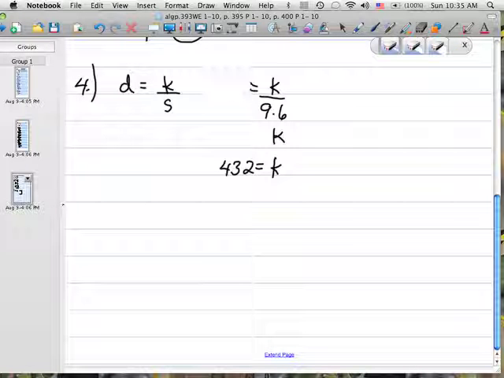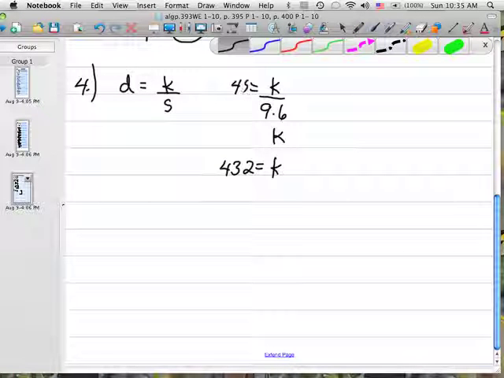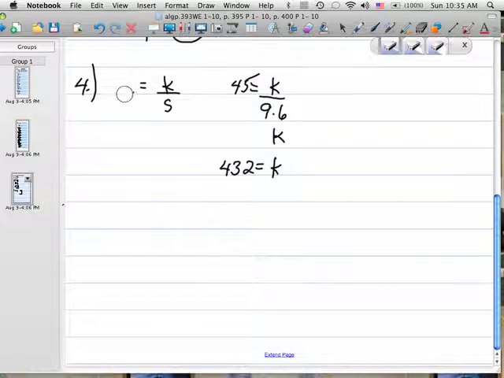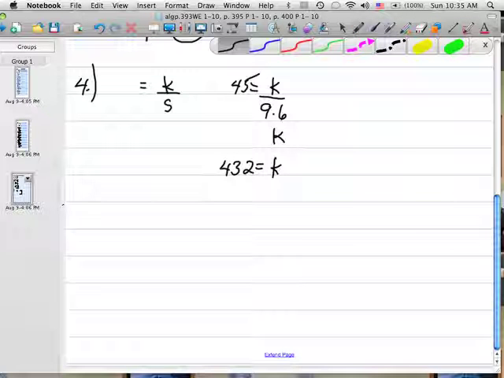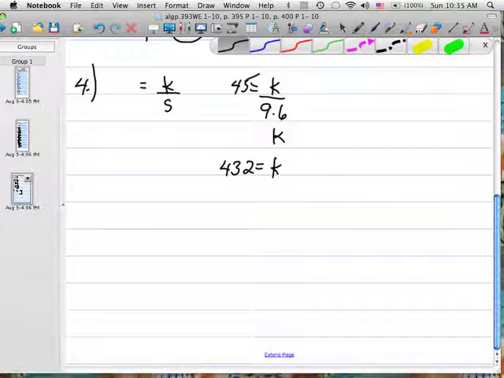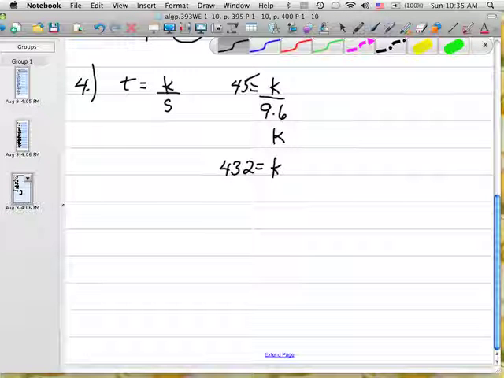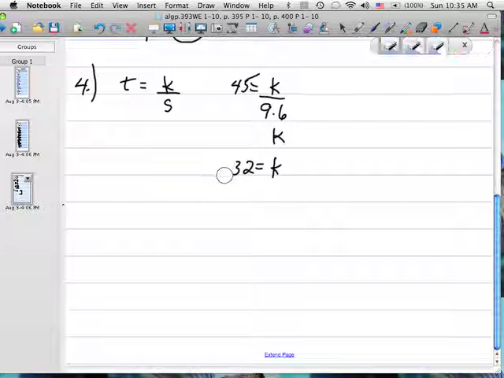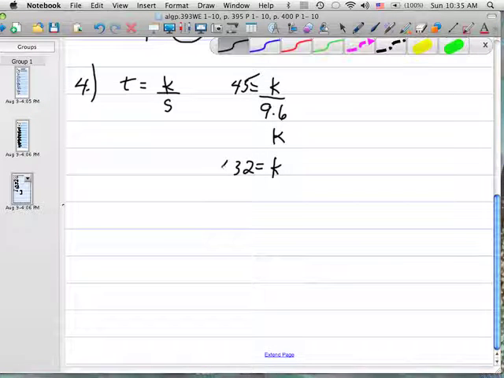Okay, and again, well, that's right. I just have the units where this should be speed. This was the average speed, and this was the time. So this person, his time was 45, and his average speed was 9.6. This person, okay, we have a constant of variation of 432.